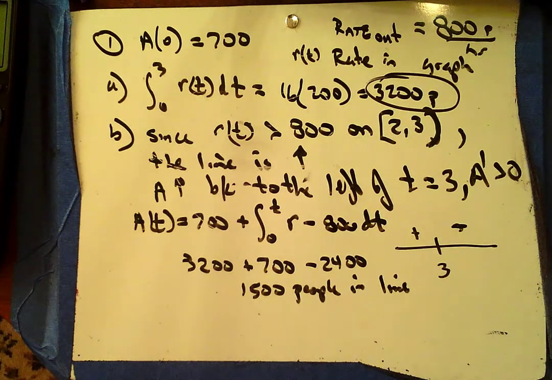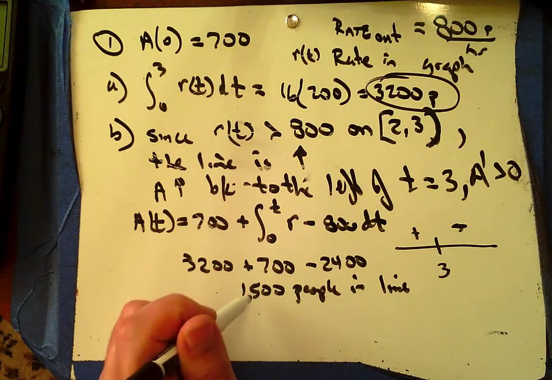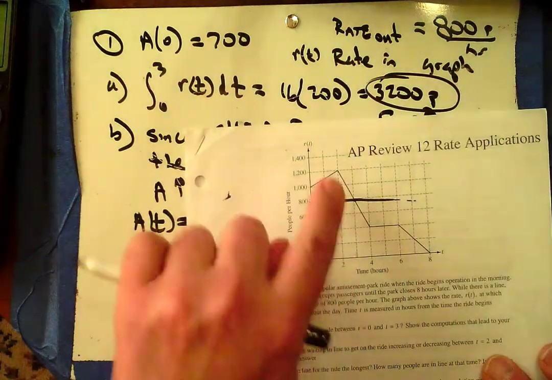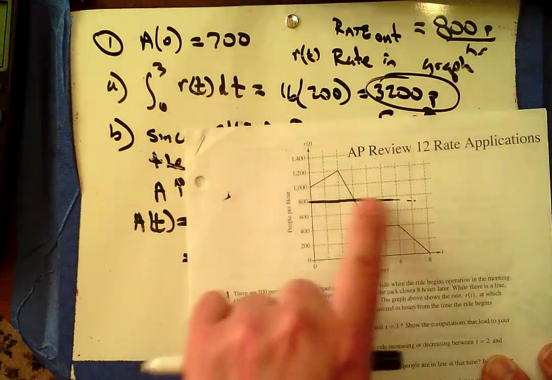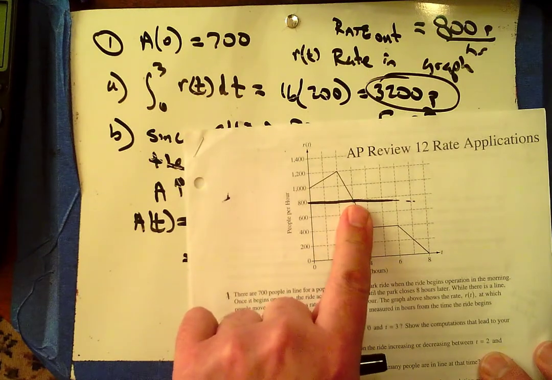Don't forget, we do need to give a reason for why this is the longest line. If this crossed back up again, we'd have to do a full candidates test. But this is our only max.